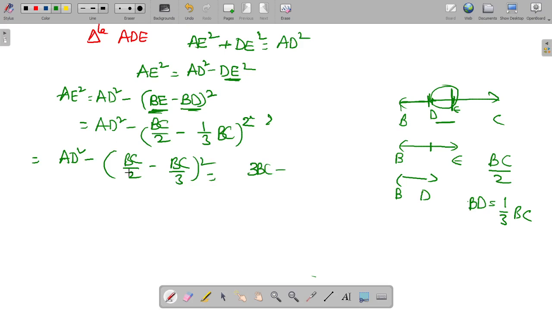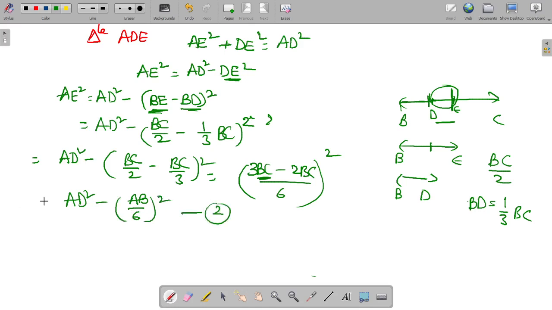Cross multiplication: 3BC minus 2BC by 2 into 3, which is 6, whole square. 3BC minus 2BC is BC. In place of BC, I substitute AB. So AD square minus AB by 6 whole square. This is equation number 2, and it is equal to AE square.